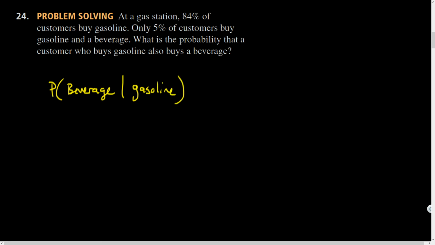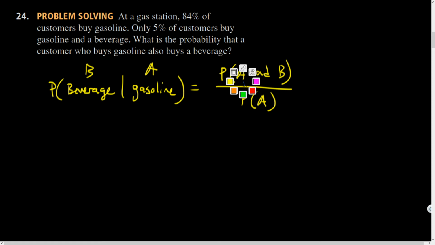All right. And so this is my B given A. So this is equal to the probability of A and B occurring divided by the probability of just gasoline purchased. Probability of A and B is right here. That's the 5%, so 0.05. And the probability of just buying gasoline is 84%.